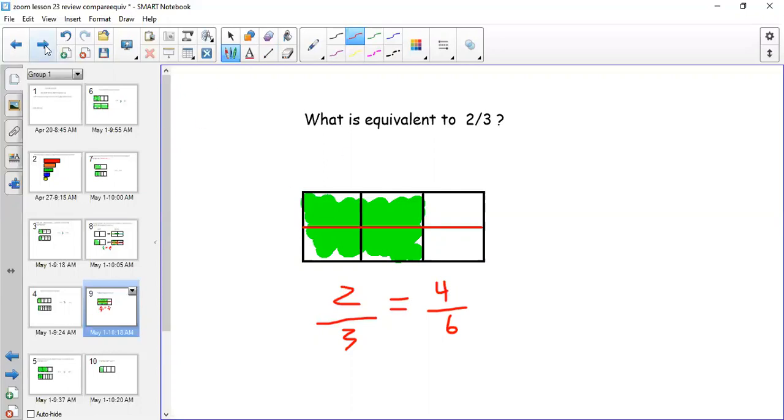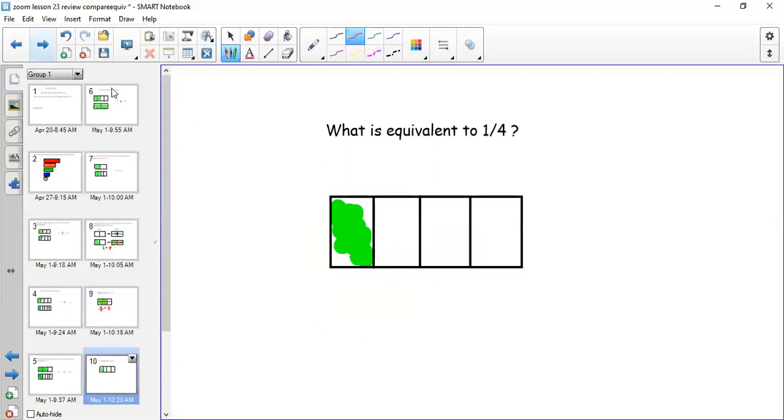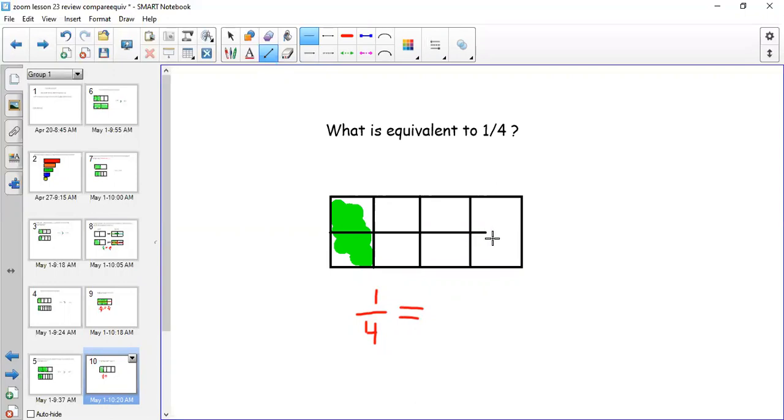Excellent job, scholars. Let's try one more example. What is equivalent to 1/4? Let me give you a couple of seconds to find that out. All right. So we know we take this 1/4 and we split the whole in half.